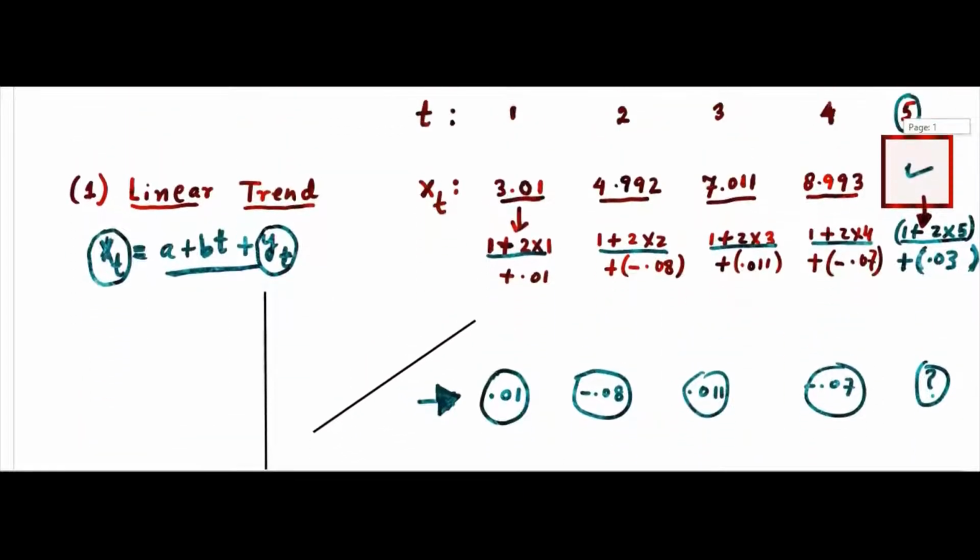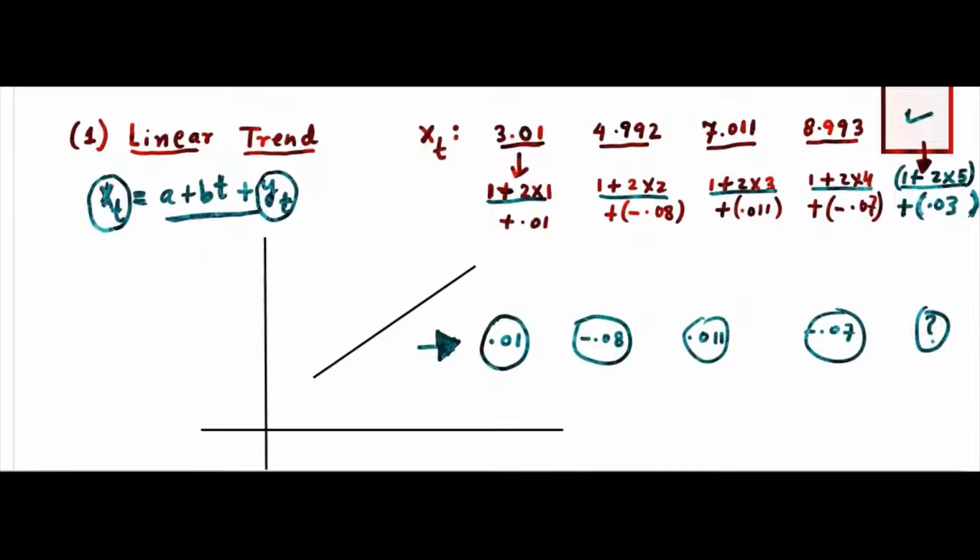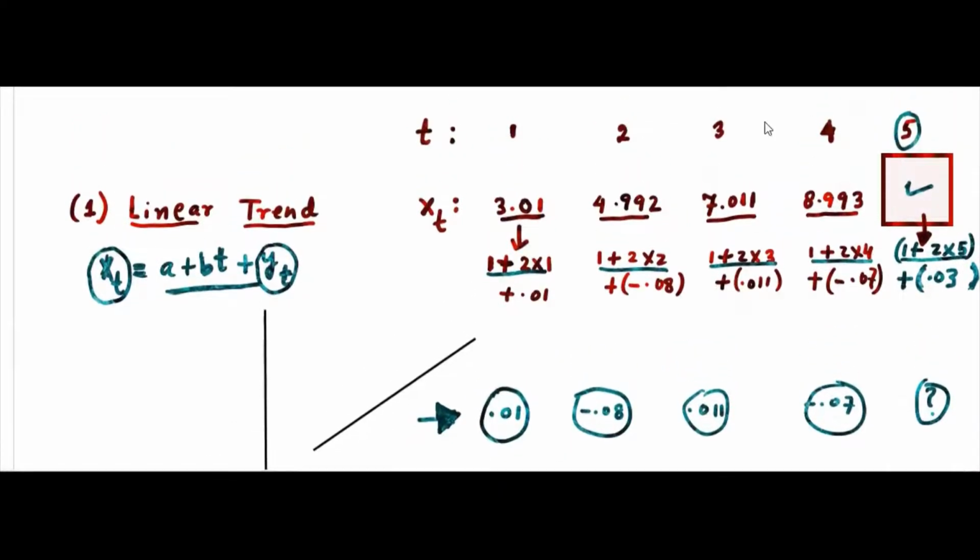Even before going to cycles, there is something. How can you establish a relation between the time points and the values? For that we can use linear regression.